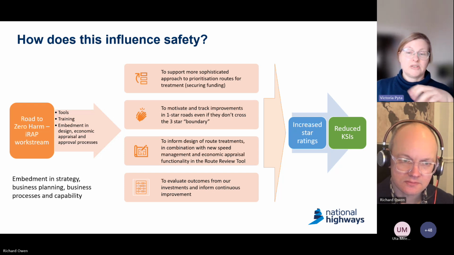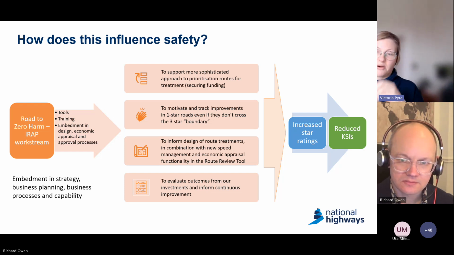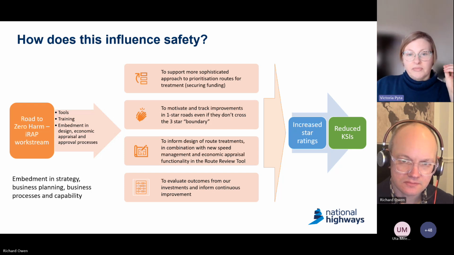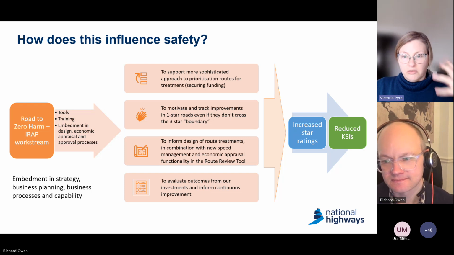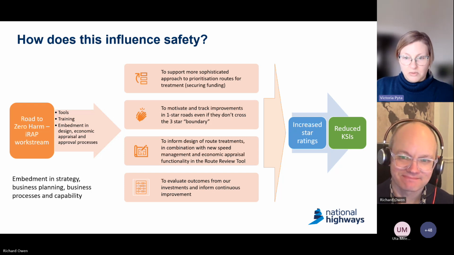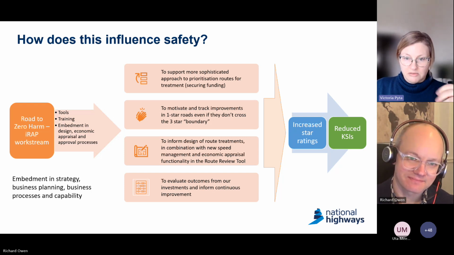And that motivates them because they like having their routes prioritized for funding. So that's the name of the game. We want to motivate and track improvements in those lower star roads, even if they don't cross that 3-star boundary.